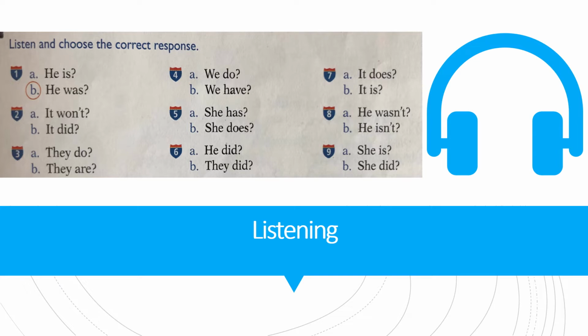We have to get back to work. A. We do. B. We have. 5. She gets excellent grades. A. She has. B. She does.